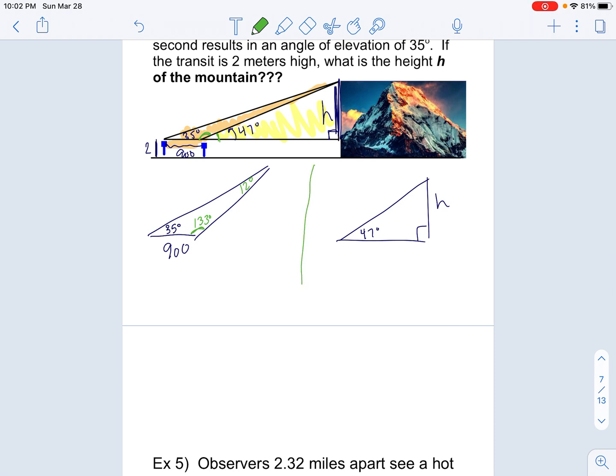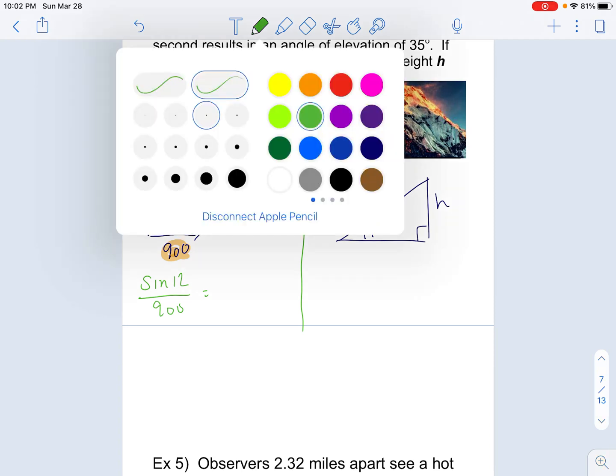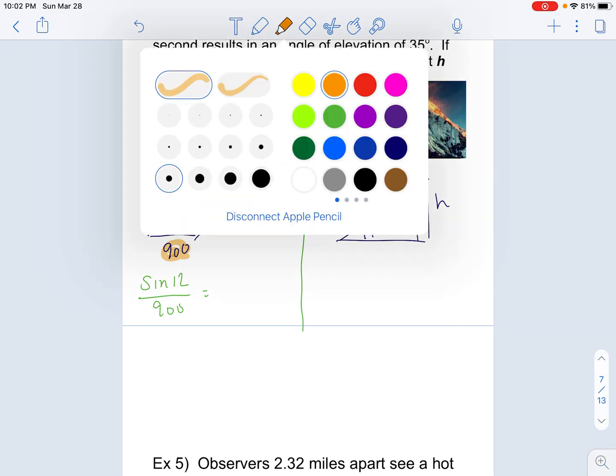So let's focus on this triangle on the left. Okay, so I do have a full fraction here. I know this is 12 degrees and I know this side is 900. Okay, so how is that going to help me? I know that sine of 12 over 900 is going to equal, and I can keep going there, but let's talk about what that triangle has in common with the other triangle.